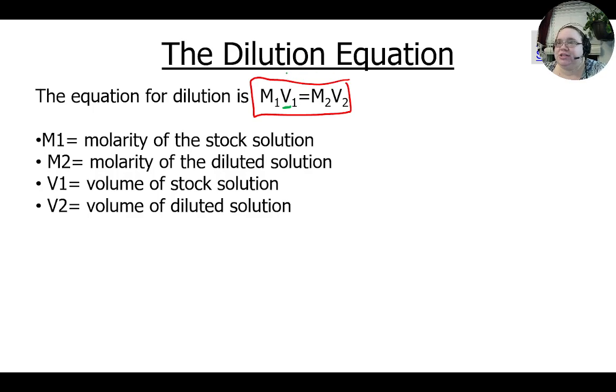So I need to know V1. That means I've got to get M1 away from it. Well, to move M1 to the other side, we divide both sides by M1, which means V1 equals M2 V2 divided by M1. So I'd plug and chug.